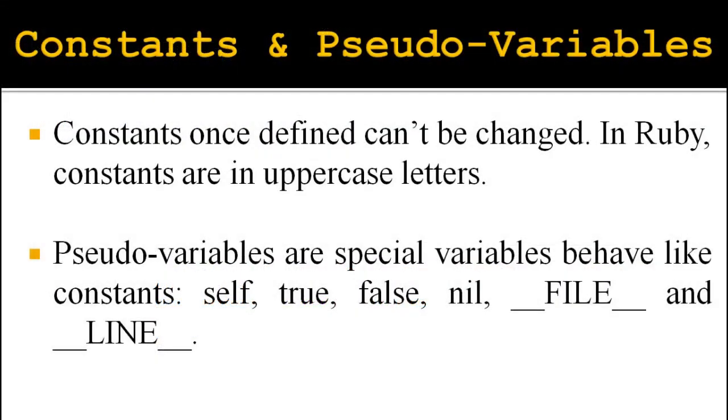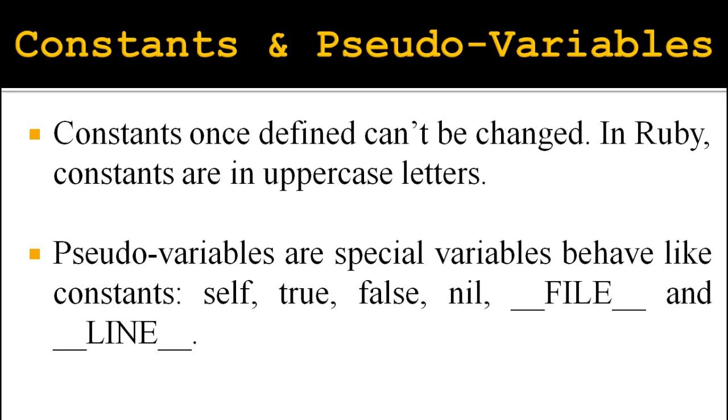Coming to constants and pseudo variables. Constants also store values, but once you define any constant, it cannot be changed. In Ruby, the constants are defined in uppercase letters only. And there are some special variables that act as constants. These types of variables we call pseudo variables.